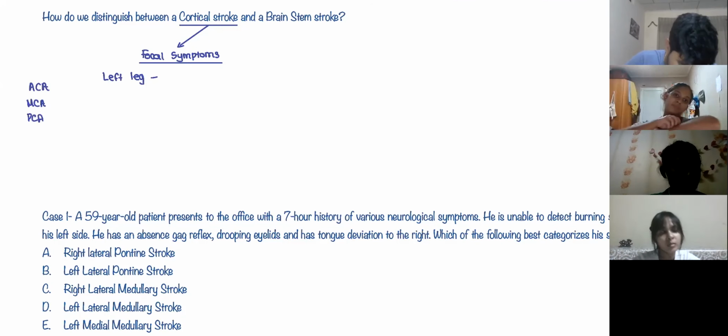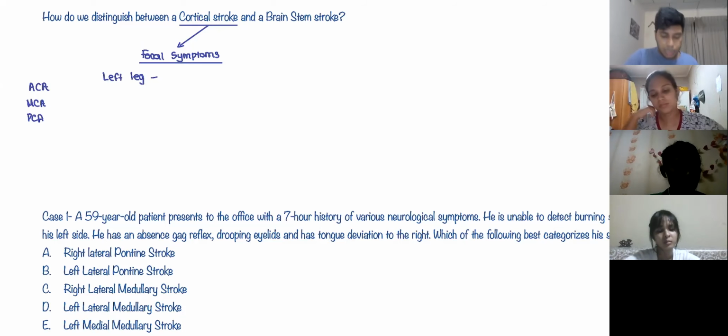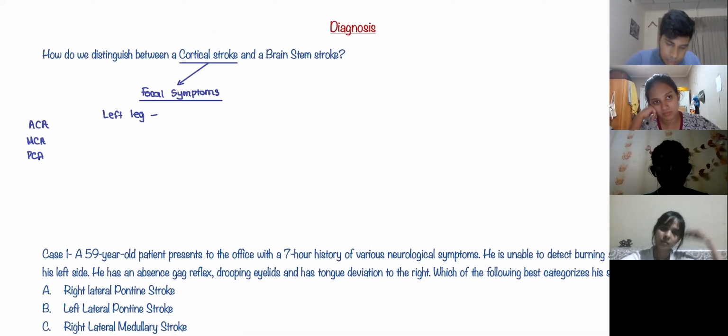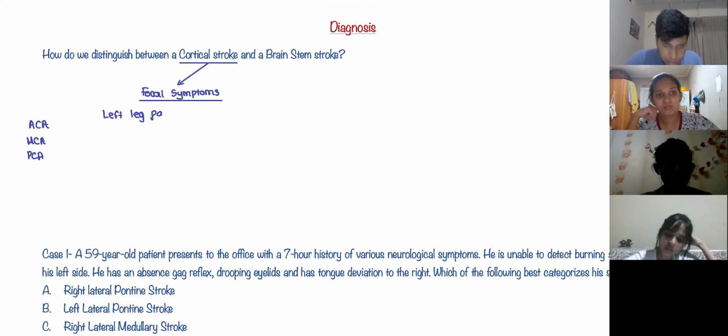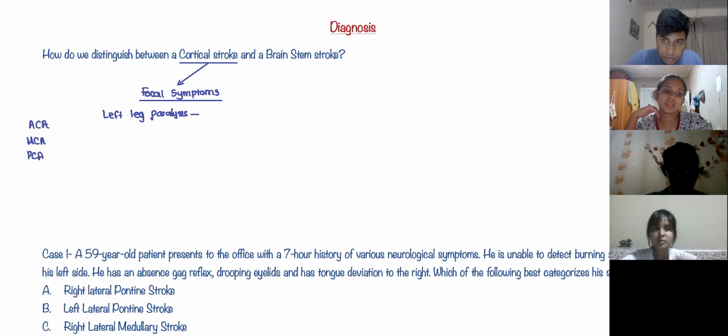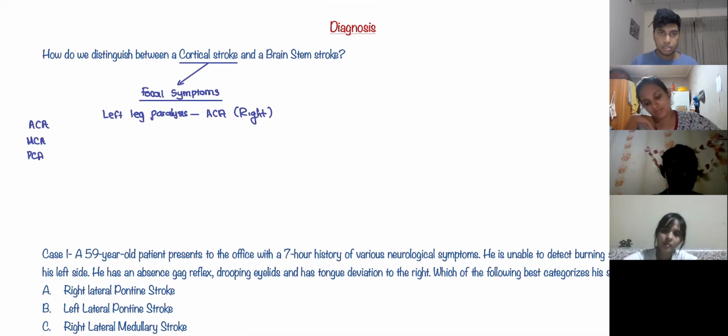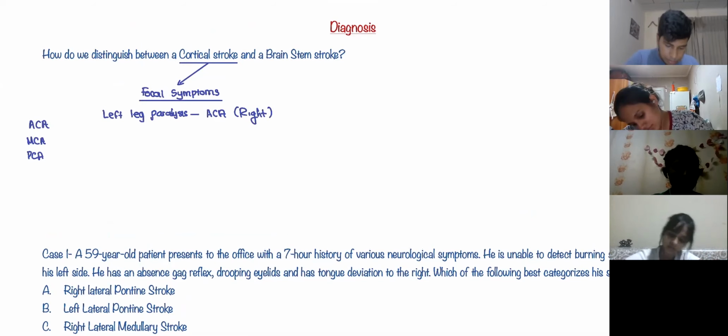If the patient's left leg is paralyzed, which artery is affected? Anterior, yes, right side. Remember that. ACA, right side.